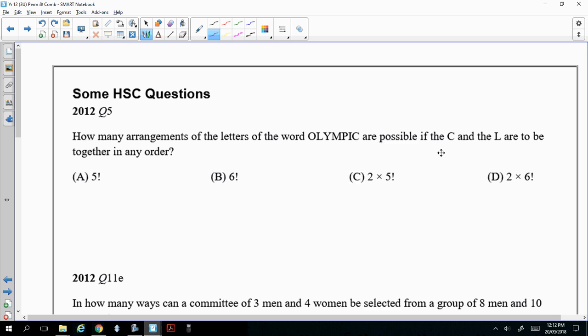1, 2, 3, 4, 5, 6, 7. 7 letters, but these 2 have to be together. So 7 letters means it will be 6 groups, because they are together, times 2, or 2 factorial. So therefore the answer is B. Okay, easy enough. Try the next one.